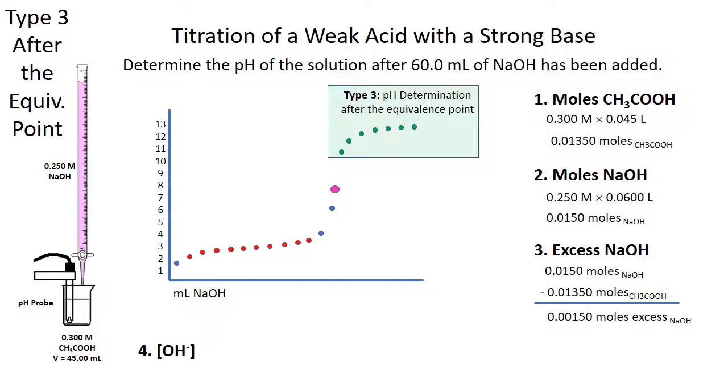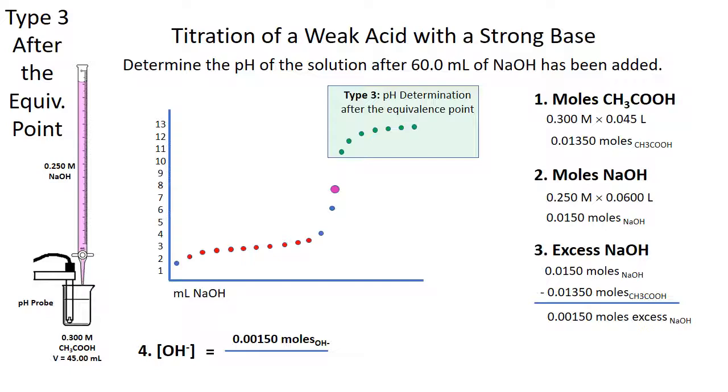Here's how you do that. The hydroxide ion concentration is what's going to determine the pH of the solution. Since the sodium hydroxide has a spectator sodium in a one-to-one ratio with the hydroxide ions, the number of moles of hydroxide ions will be exactly the same as the excess moles of NaOH.